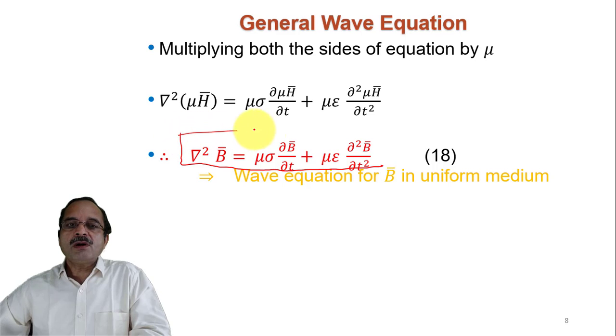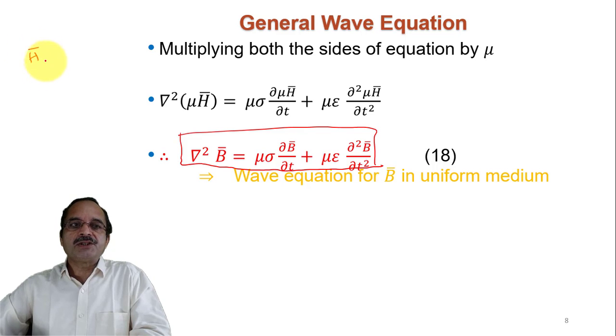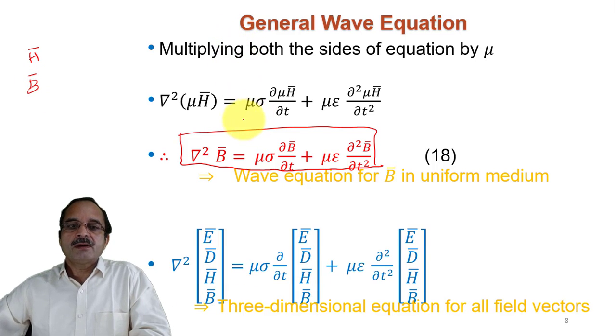So now we got the wave equations for the magnetic flux density B and magnetic field intensity H. So we got all the 4 wave equations. Now if I combine, we can represent all the 4 equations in terms of a matrix like this.